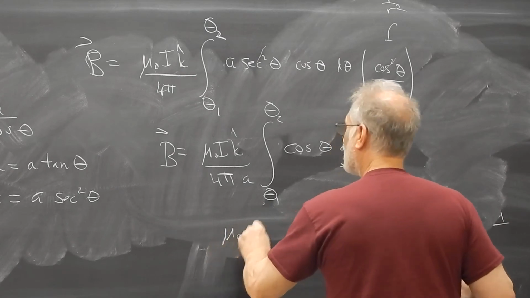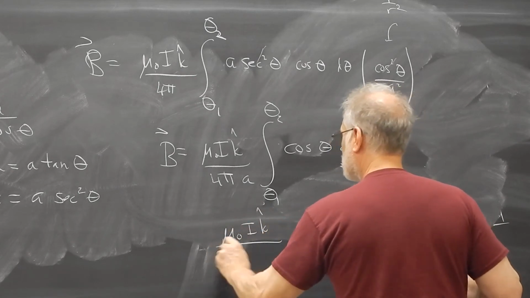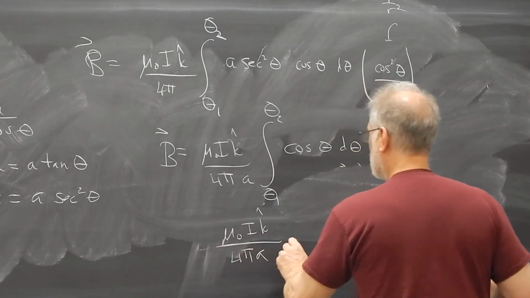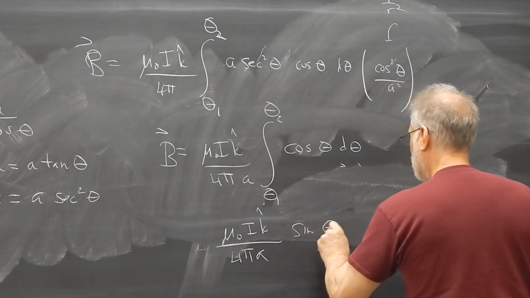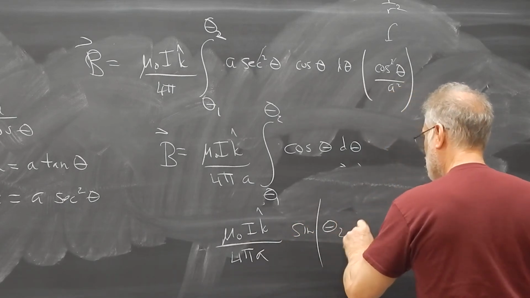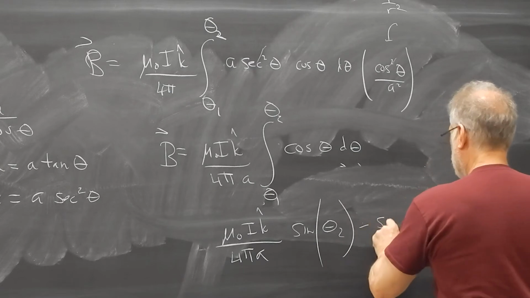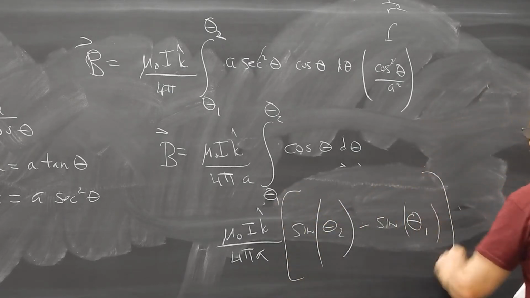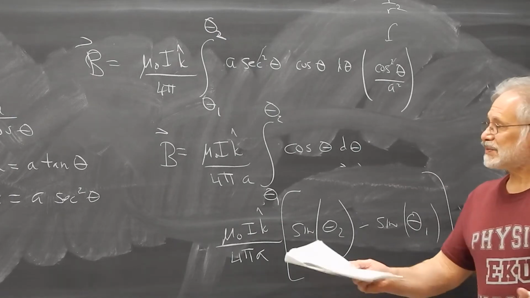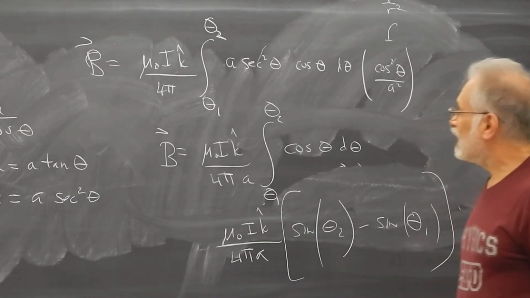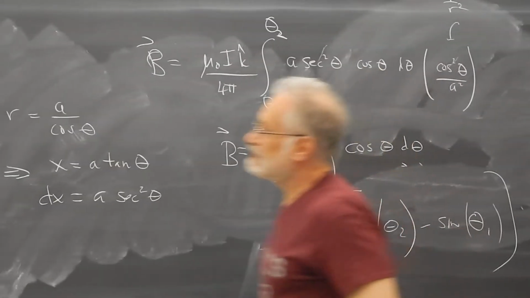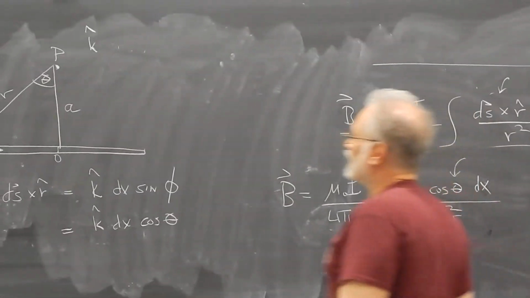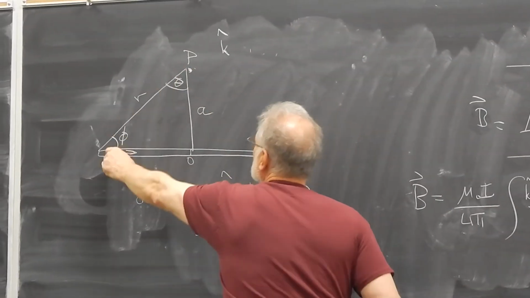So it's going to be mu naught I, k direction, over 4 pi a, times sine theta 2 minus sine theta 1.